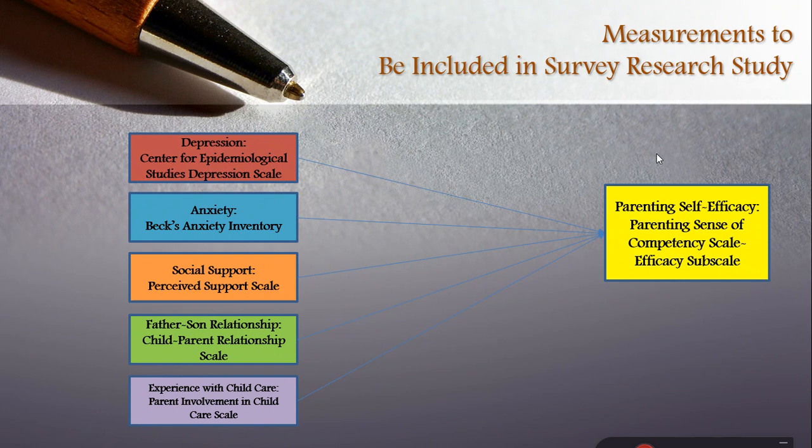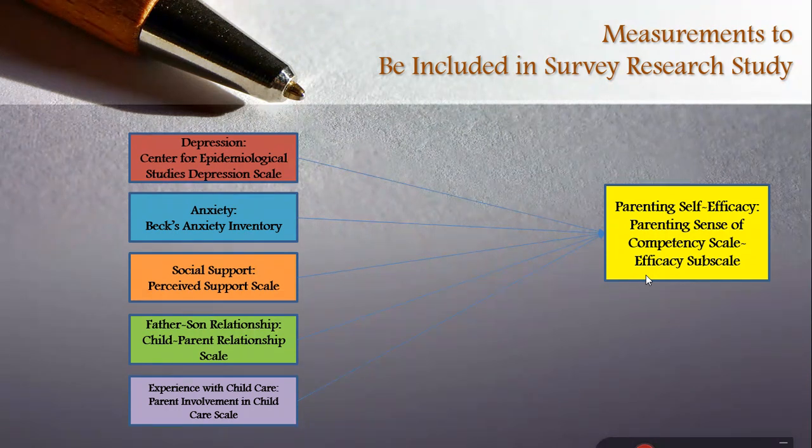So we would have to define all 6 concepts. And once we have defined all 6 concepts, then we are able to move toward the process of operationalization, which is where we go about locating survey instruments that will allow us to capture each of the variables in our study so that we're able to observe them in the real world.